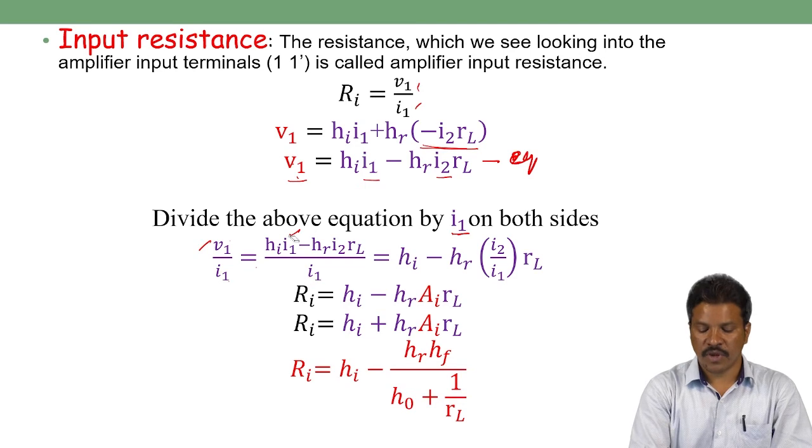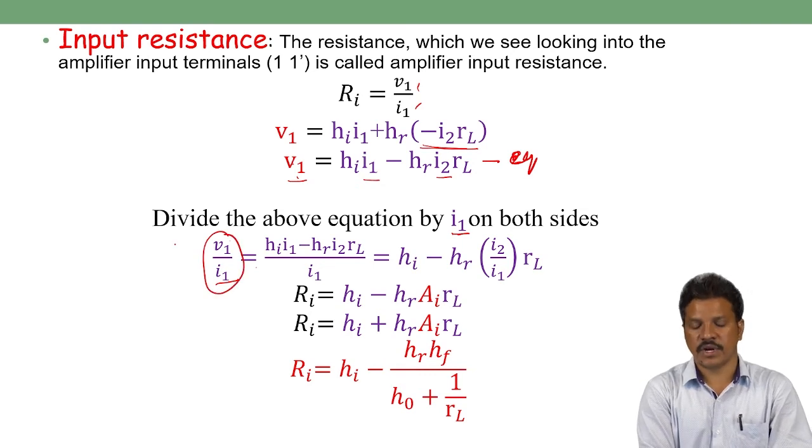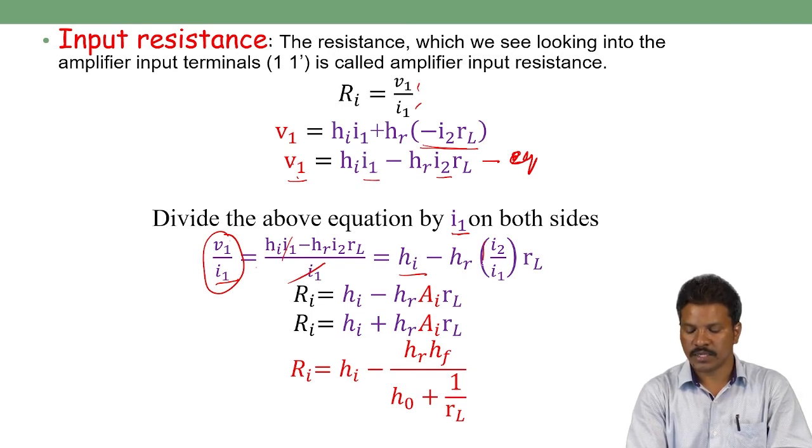Now on the left side, the ratio of V1 by I1 is nothing but the input resistance, which is equal to HI I1 divided by I1, where I1 cancels, giving HI minus HR I2 by I1.